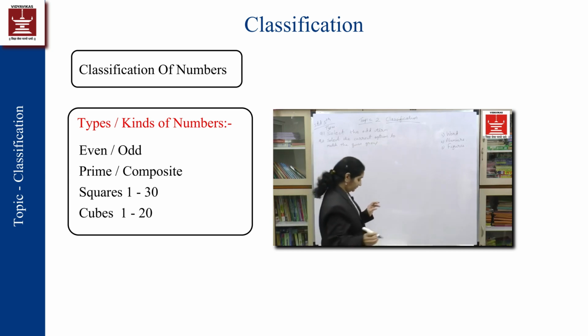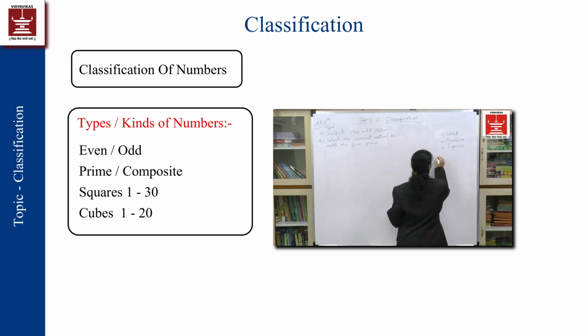We'll make a list of what types of numbers you have learned. The kinds of numbers that you have. For 5th standard level, you know what is an even number and what is an odd number. You know what is a prime number and what is a composite number.